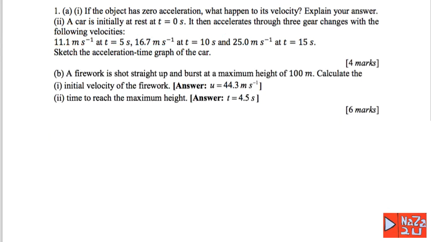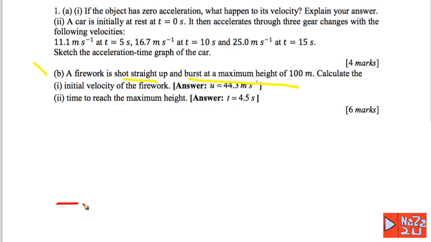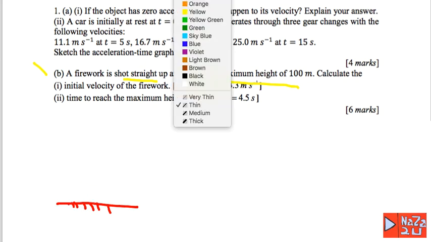We go to question number 1b. A firework is shot straight up and bursts at the maximum height of 100 meters. So let's say this is the ground surface, and the firework is shot straight up.